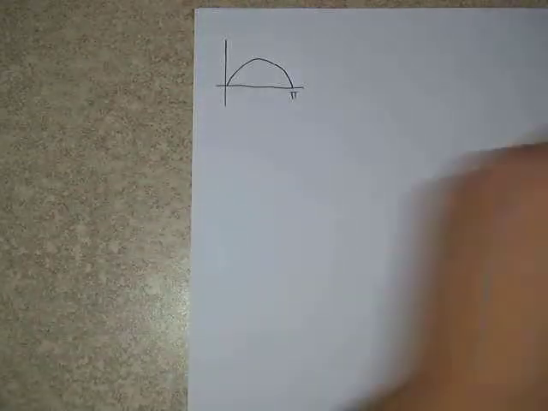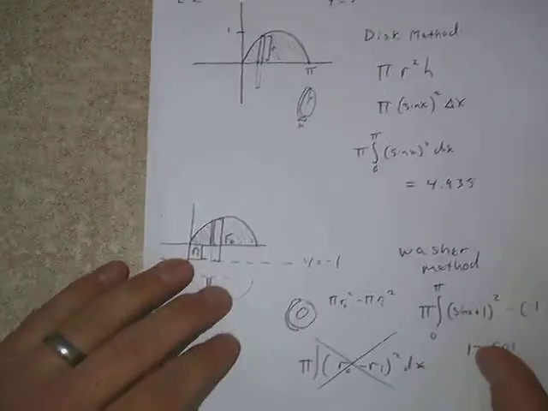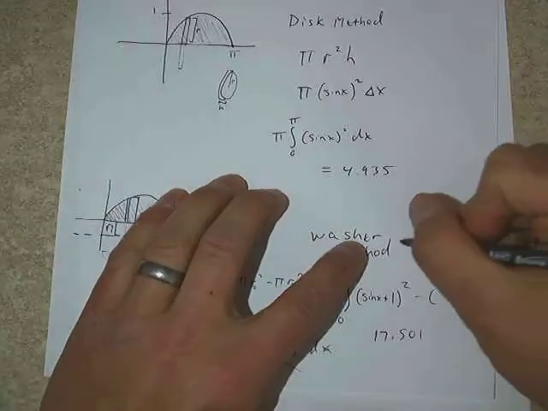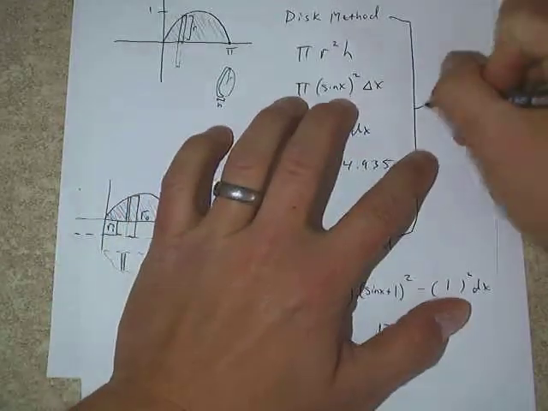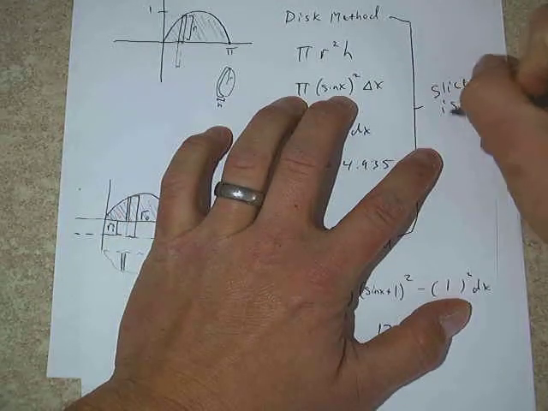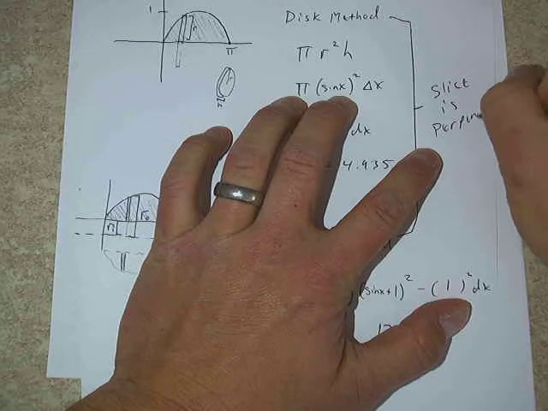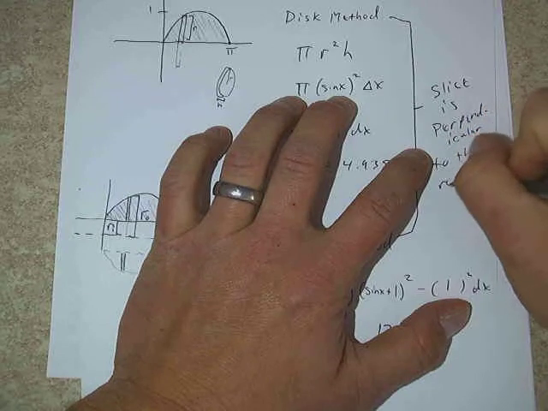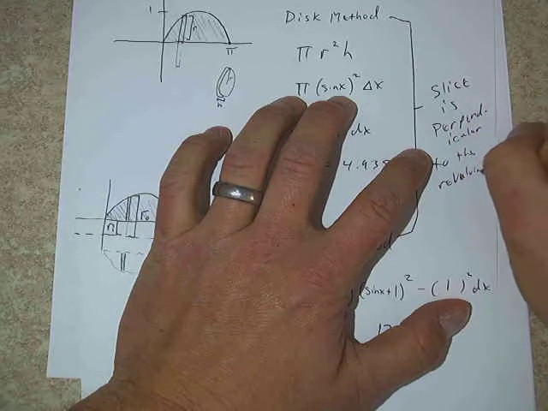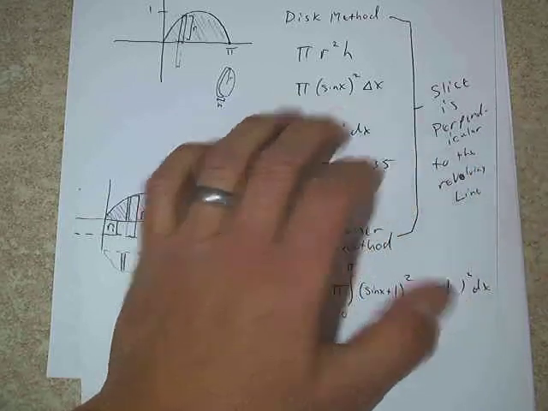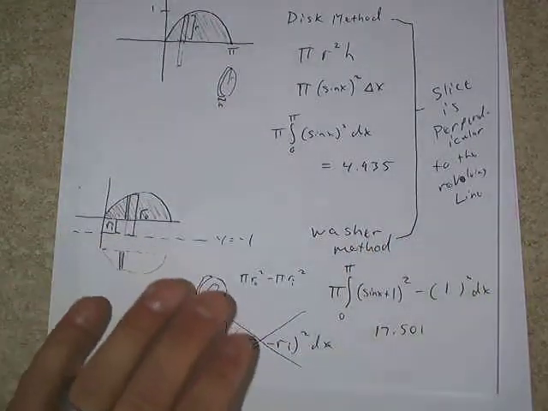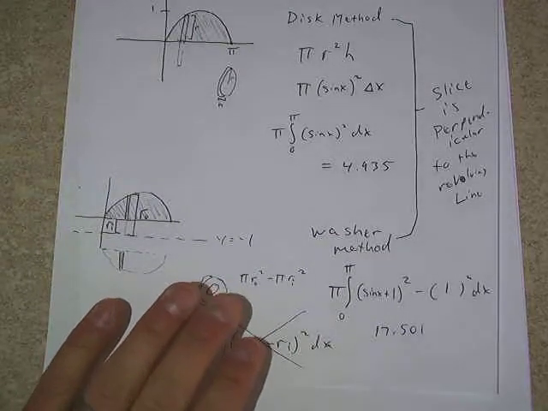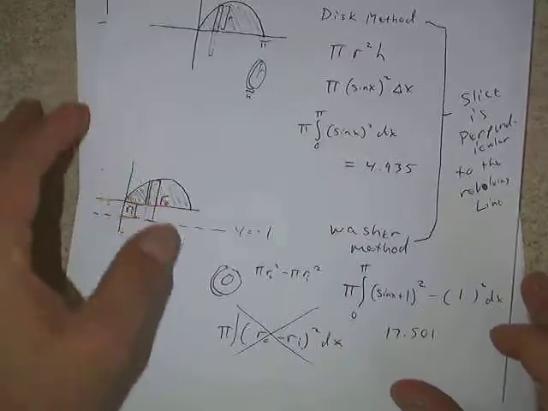Okay. Now, the third method that we're going to look at here, again, we'll use the same sine x from 0 to pi. And what it boils down to, before we actually do this one, I want you to notice that when we have the disk method or the washer method, we're always going to get disks and washers when our slice is perpendicular to the revolving line.